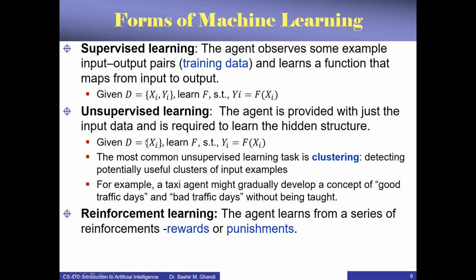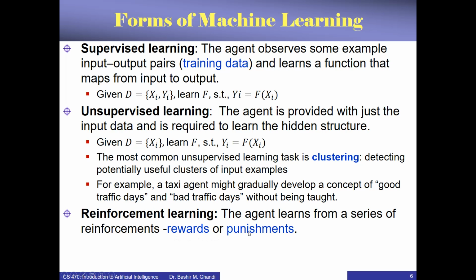But also, we don't want to leave the agent completely on its own. Rather, what is done is that the agent is given a reward if it does good, and it's given some kind of punishment if it does bad.